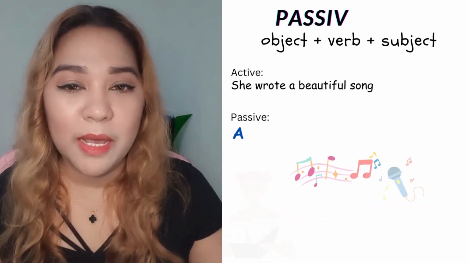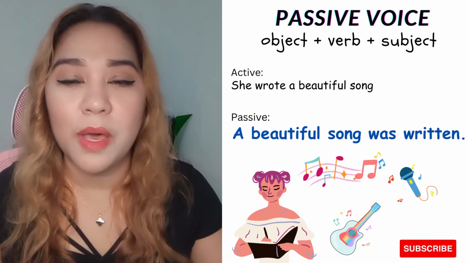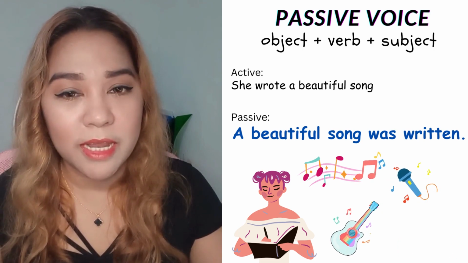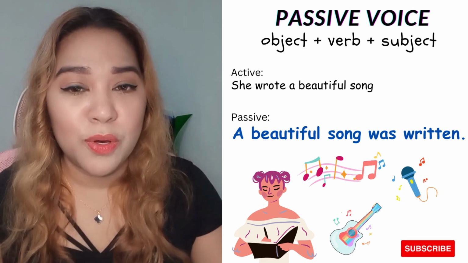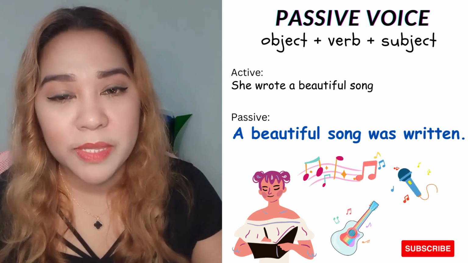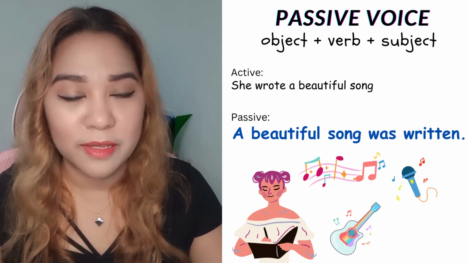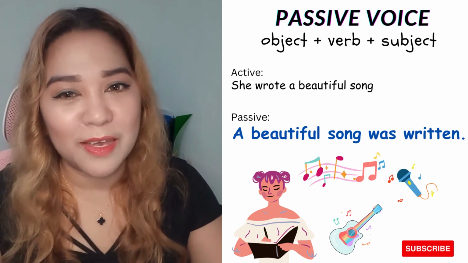Now let's try not to mention the subject at all. Number 2, a beautiful song was written. Now in that sentence, I did not mention who performed the action. I did not mention that she did that in our active sentence.